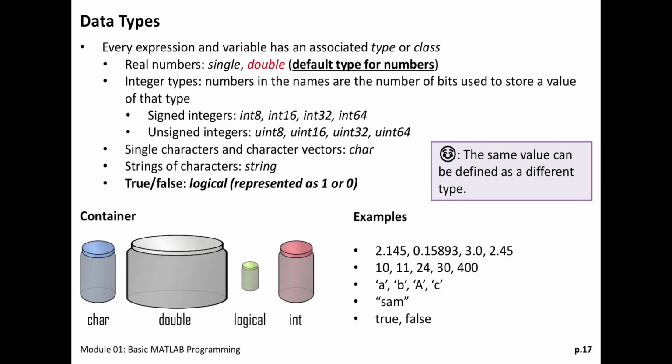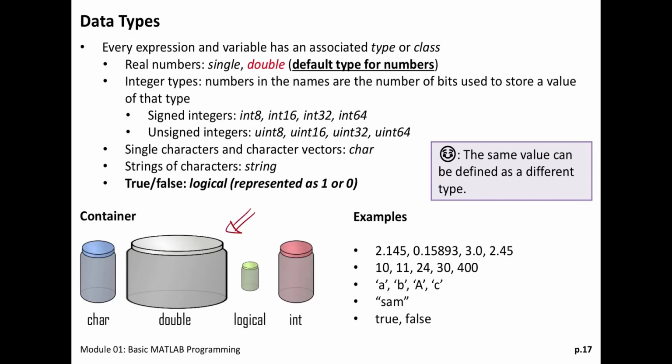Every expression and variable has an associated type or class. Humans don't pay much attention to the size of the number, but the computer must, because it has to allocate the memory to hold the number. Thus, the type is important. I would say the type or class is considered as a container.